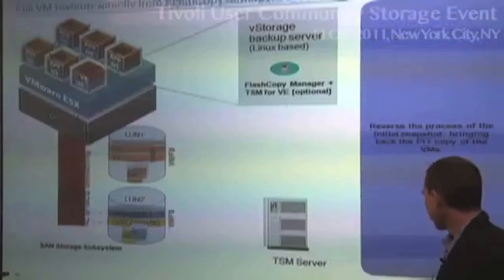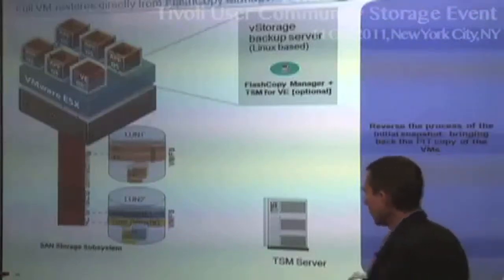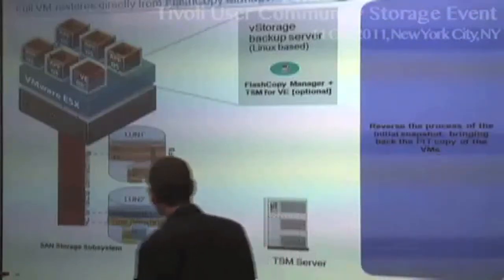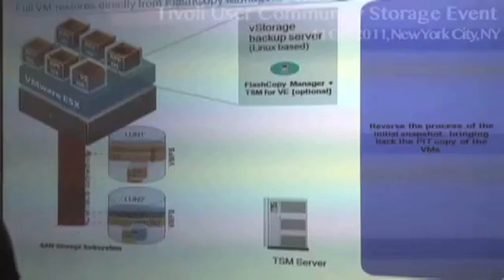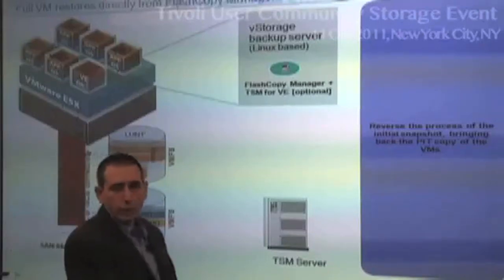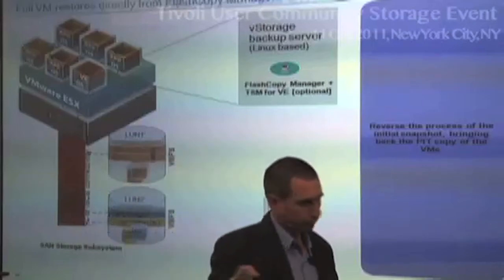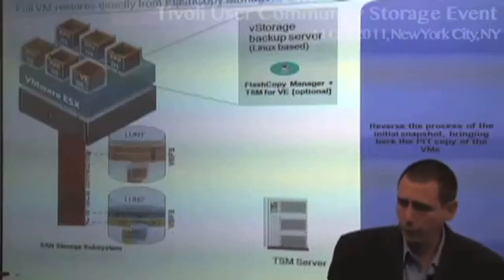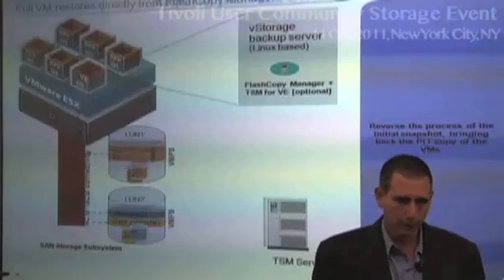Do a granular file recovery. Now, recoveries are slightly different than TSM for VE because you have the snapshots on the hardware. Why not utilize them? So if you want to do a full VM restore, easy enough. You reverse the process of the initial snapshot, attach it to the VMware hypervisor and tell it, go ahead, set up the new virtual machine and move the data back to the primary storage.